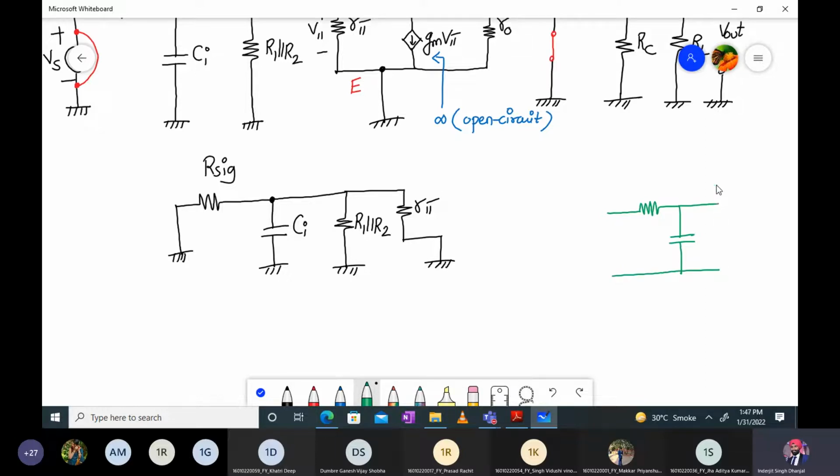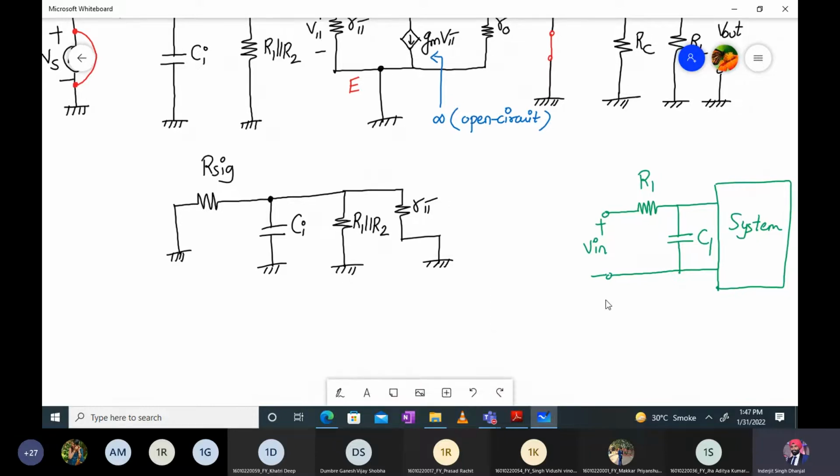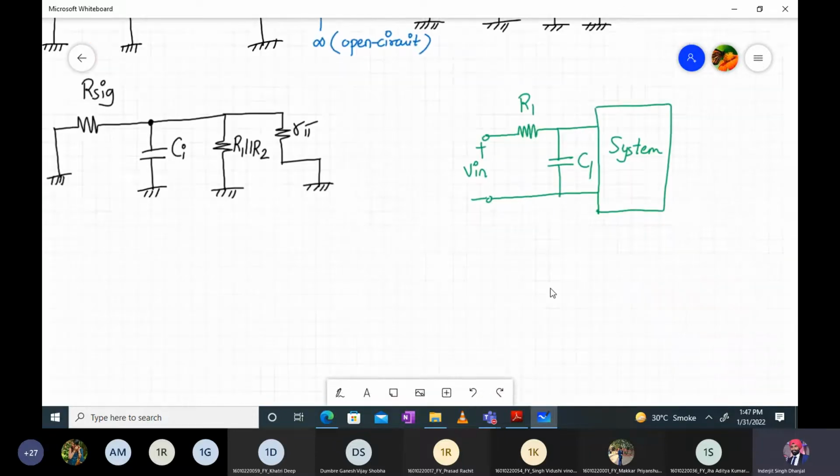And then I have a system. This is my system, and to this we apply the input. Basically, here we are not considering the input for finding R equivalent, but in total this is how the system looks, if this is R1 and C1. So can anyone tell me the formula and the frequency response plot for this circuit?